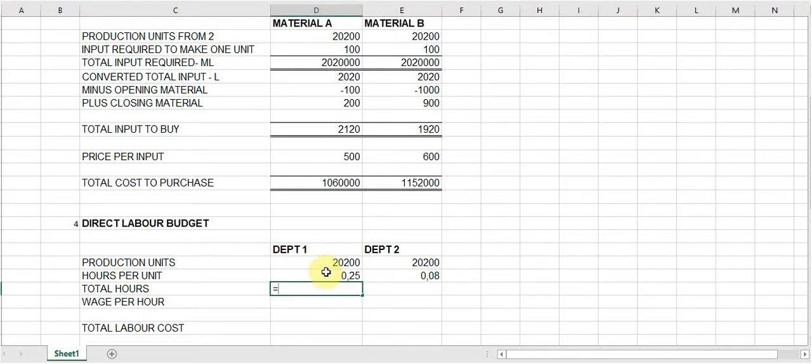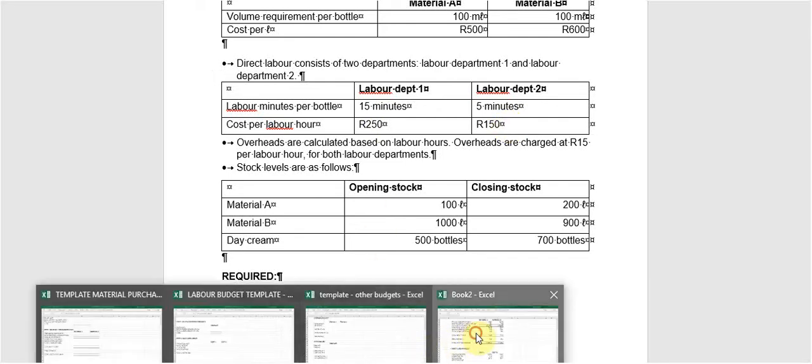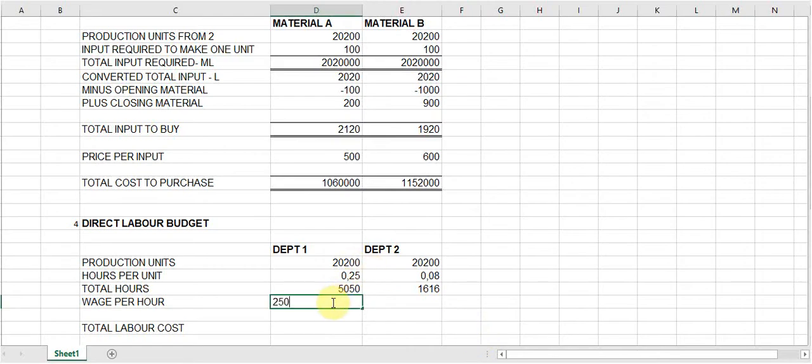Then the total hours is the 20,200 times by 0.25. And then here it's going to be the 20,200 times by 0.08. And then we need to go and put in the wage. So how much is the wage? It's 250 Rand per hour, 150 Rand per hour. So we're going back to filling that out.